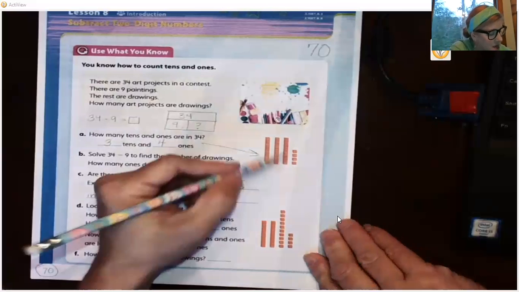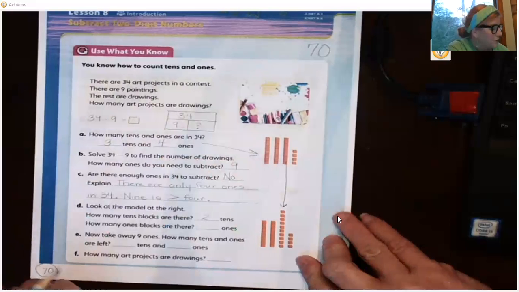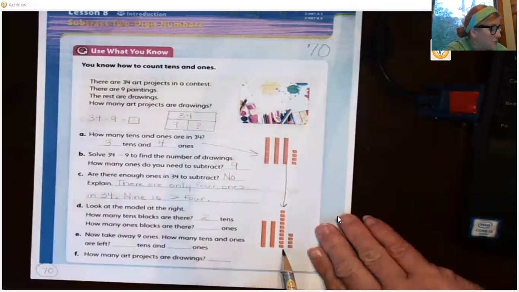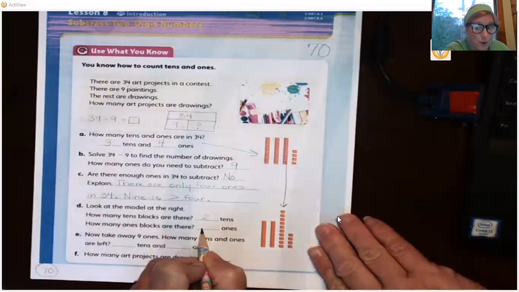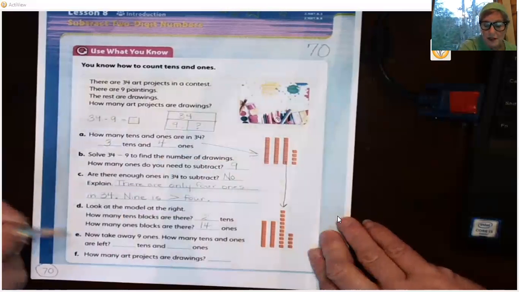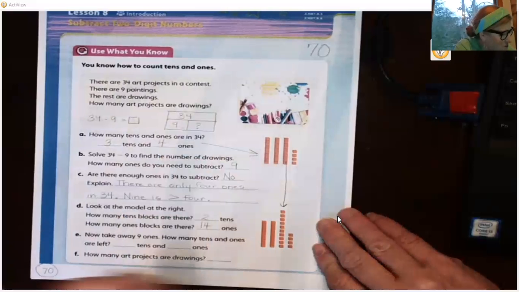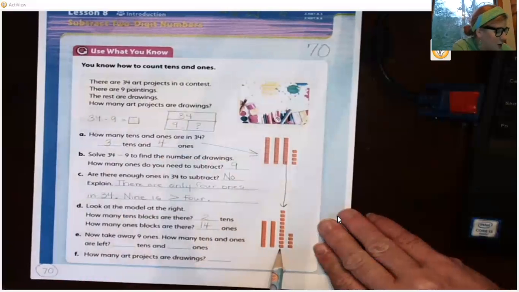Because this 10 has become 10 ones. So now there are 10 ones plus 4 ones, which equal 14 ones. Great. Now take away the 9 ones. Can we do it? Yes, we can. So it might be easier just to look at the 10 and go, okay, I know 10 is 9 plus 1.